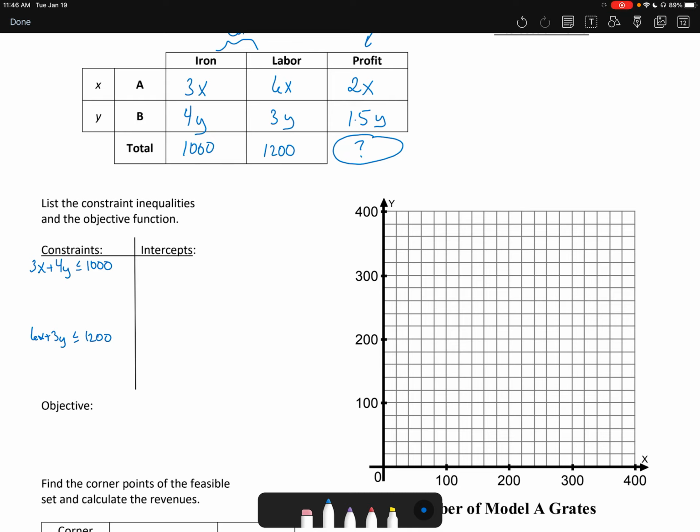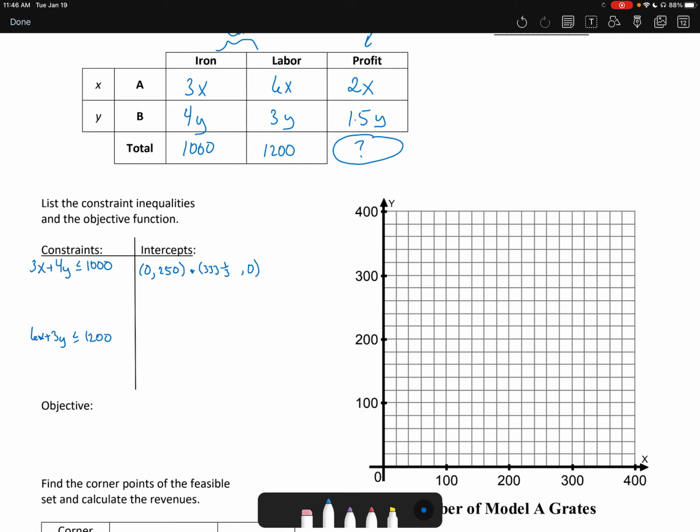Find your intercepts for each one of these because we have to get these constraints graphed. If I put in a 0 for the x here, then I get 250 for the y, and you can pause this and do this on your own calculator if you need to. And if we put in a 0 for the y, you should get 333 and a third, or 333.3 repeating, for the x.